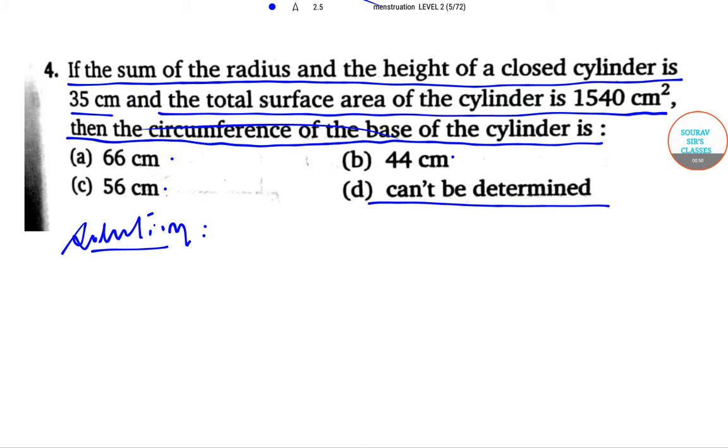We have the sum of the radius and height of the closed cylinder and the total surface area.